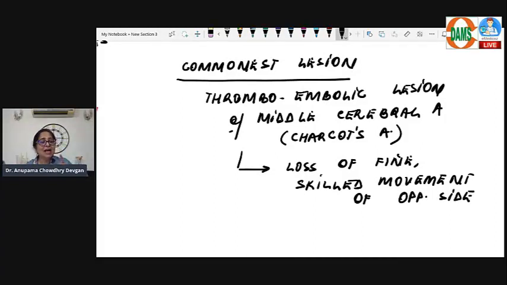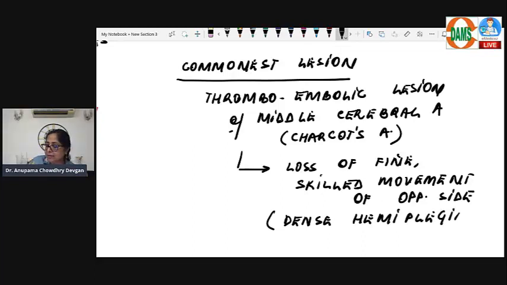Because of corticospinal tract fibers being affected. Yes, so there is a dense hemiplegia of the opposite side.